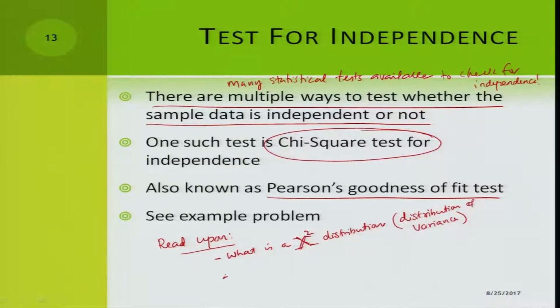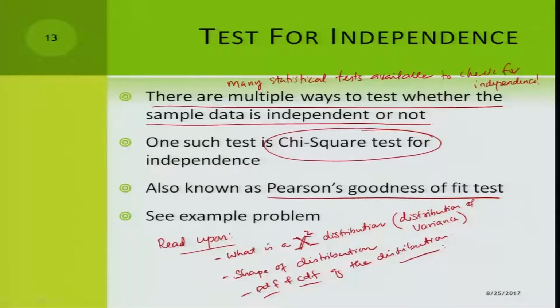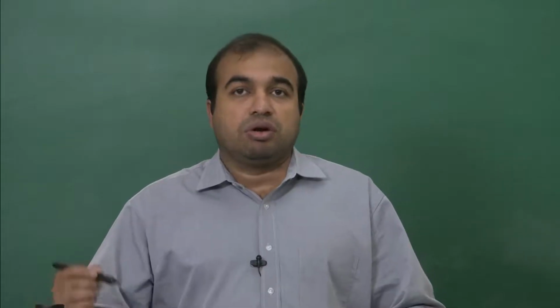That's one part. Then the shape of the distribution, PDF and CDF, probability density and cumulative distribution function of the same. So, please read these things so that you can understand what I mean by chi-square distribution. Okay. But anyway, the mechanics of the test we will go through, and you will understand the concept. Once you read it, you can augment the concept that way.